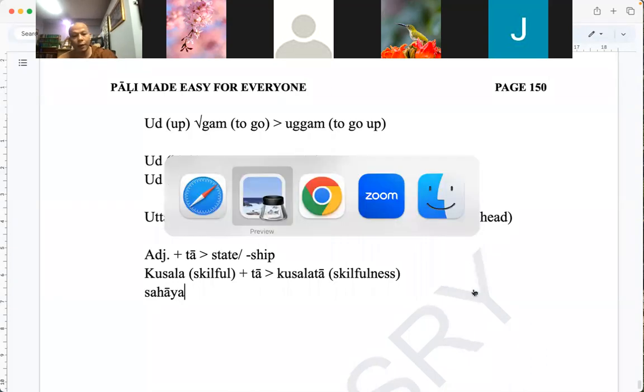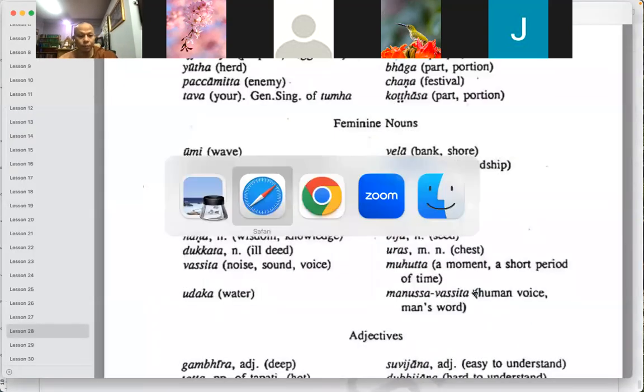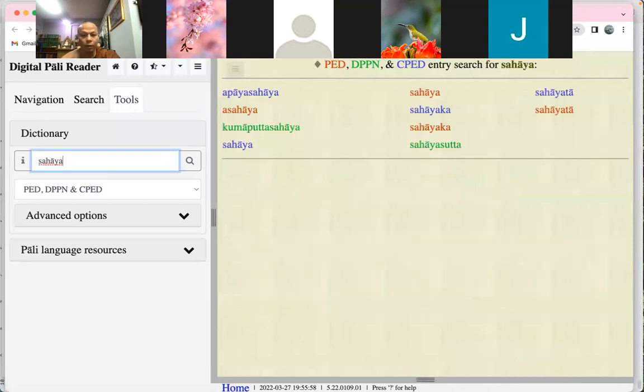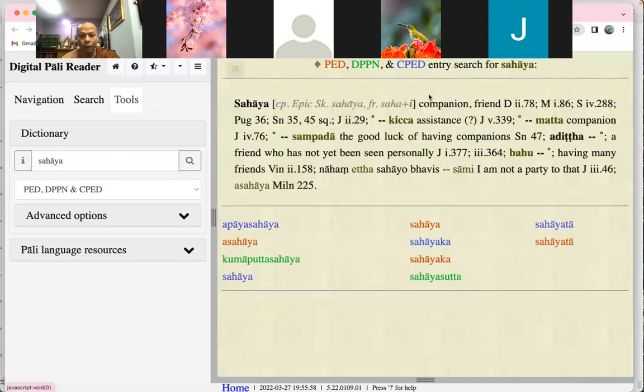Sahaya means companion. Saha means together. Sahaya is saha and the ya. That is a companion, a noun. So not only adjectives, but nouns can also take it, to show the state.